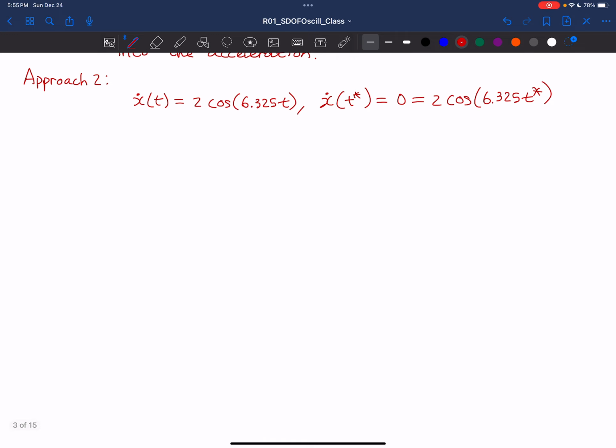Since we have 0 on one side and a 2 here, we can just eliminate that 2.